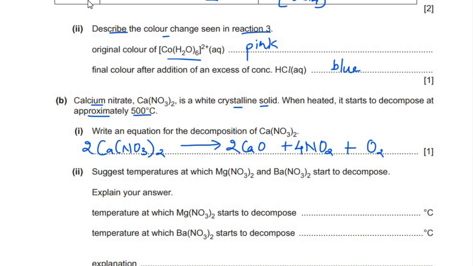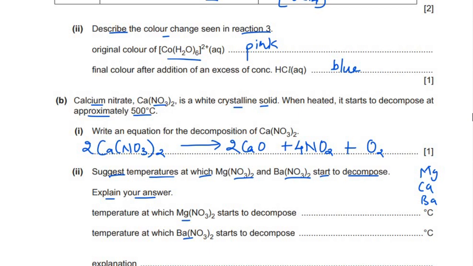Let's go ahead with the next sub question. It says suggest the temperatures at which magnesium nitrate and barium nitrate start to decompose and explain your answer. Now if we talk about magnesium nitrate, barium nitrate and calcium nitrate, they are all group 2 nitrates, and in group 2 the magnesium comes first, then calcium and then barium.